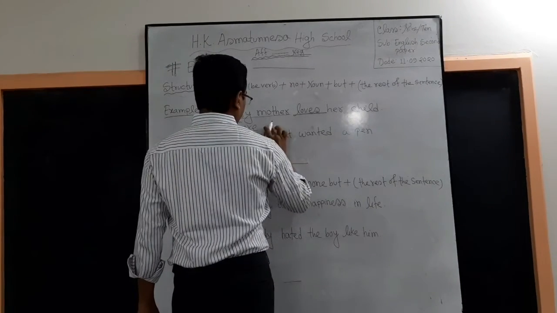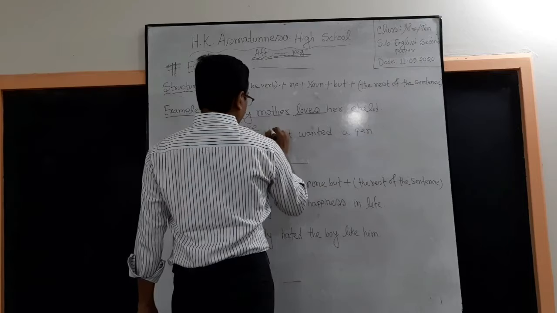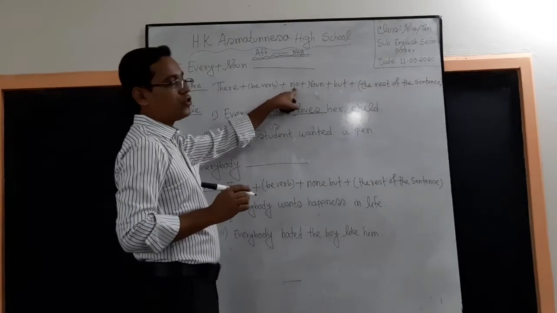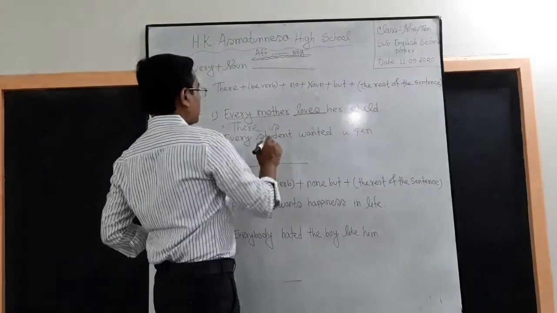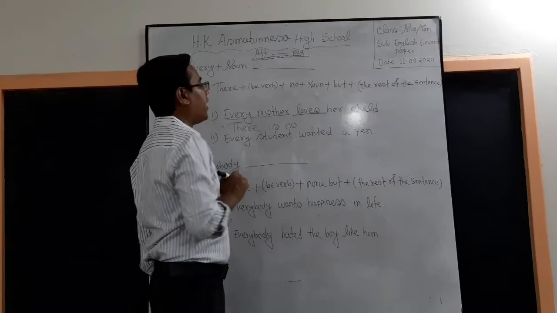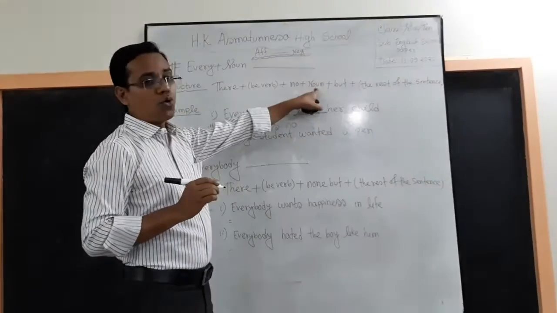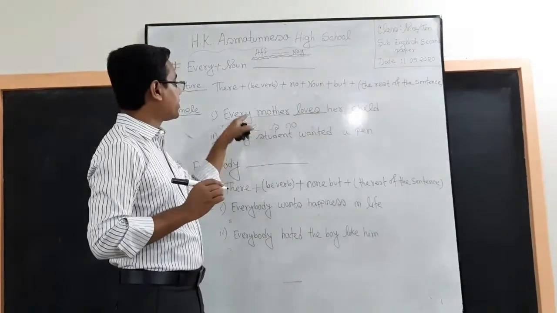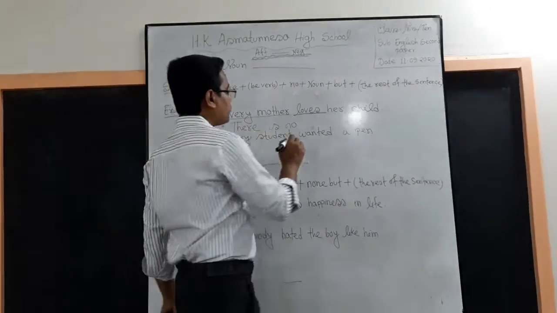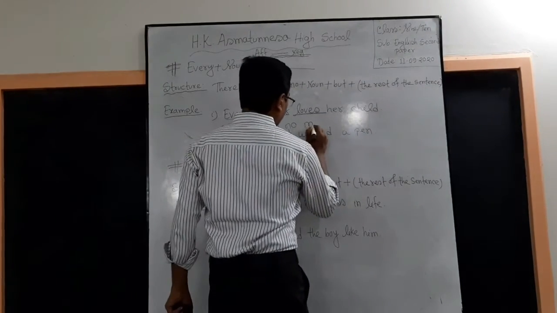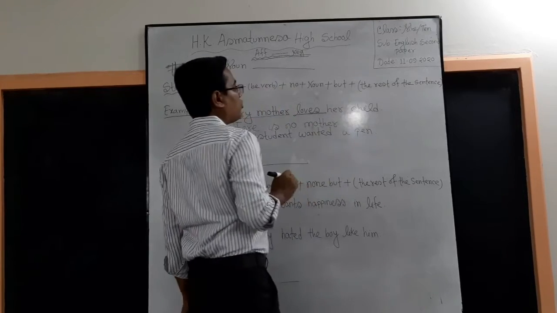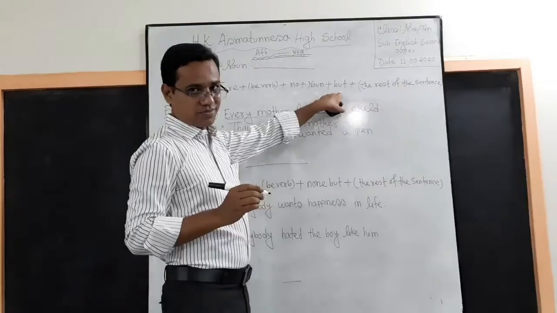There is, and then we will write no. There is no, and then we will write the noun. What is the noun of the sentence? The noun of the sentence is mother. So we will write there is no mother, and we write but.